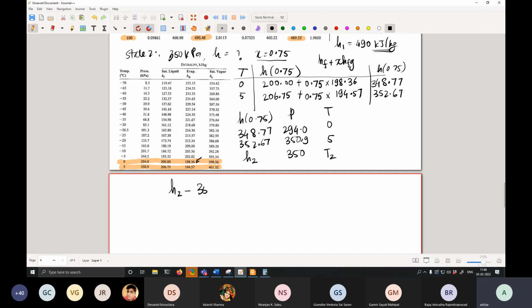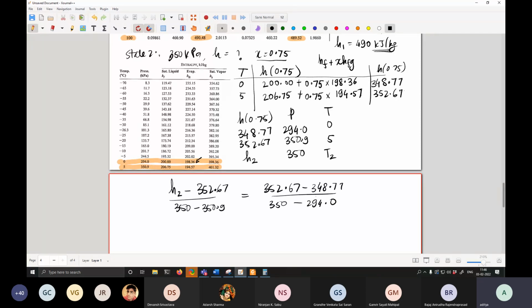So h2 minus 352.67 over 350 minus 350.9 is equal to 352.67 minus 348.77 over 350 minus 294.0.